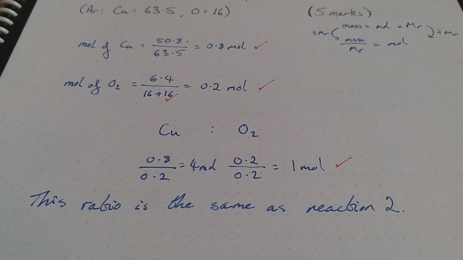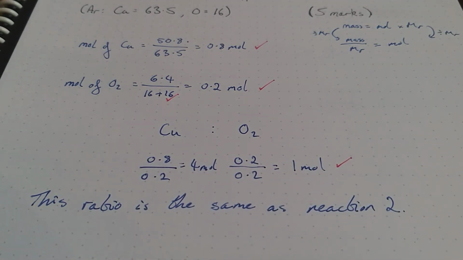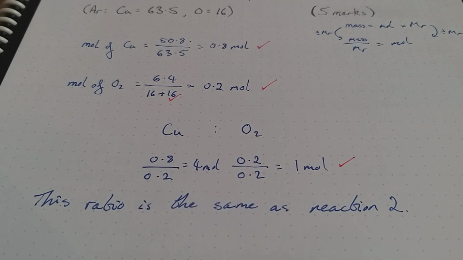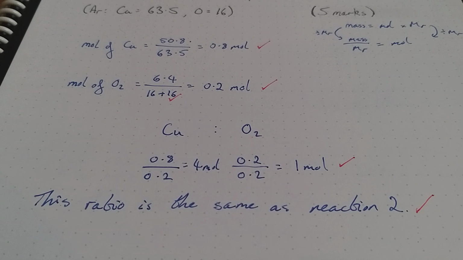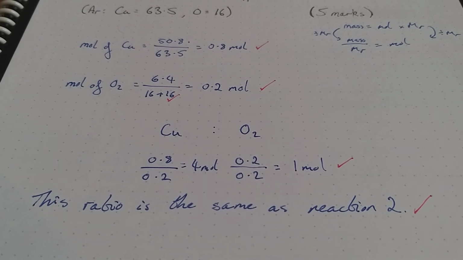And your final mark is your sentence to compare that ratio to the ratio that's in reaction 2, so your sentence at the end. So there we have it. That is how you use the mass equals moles times Mr equation and the molar ratio in your balanced symbol equation to decide which is the correct balanced symbol equation for a given reaction.